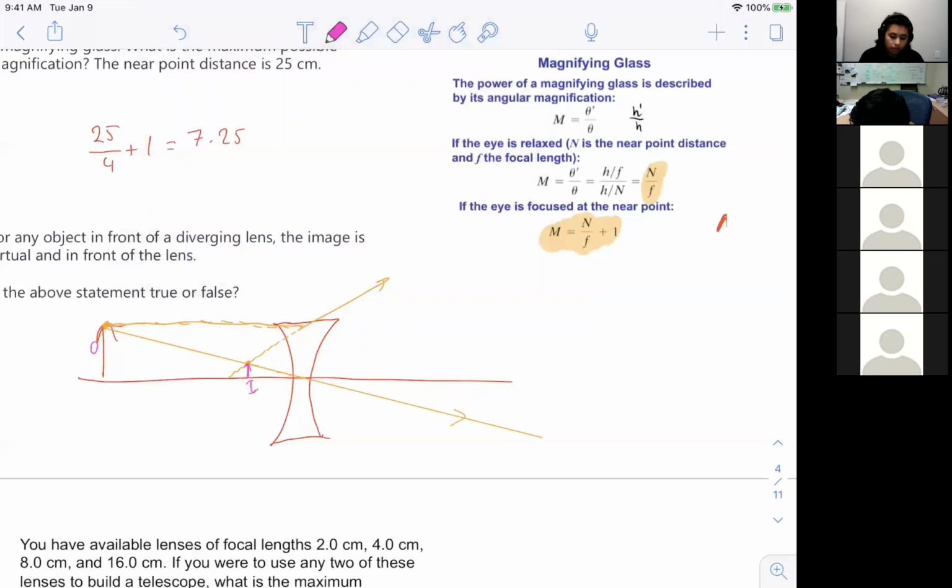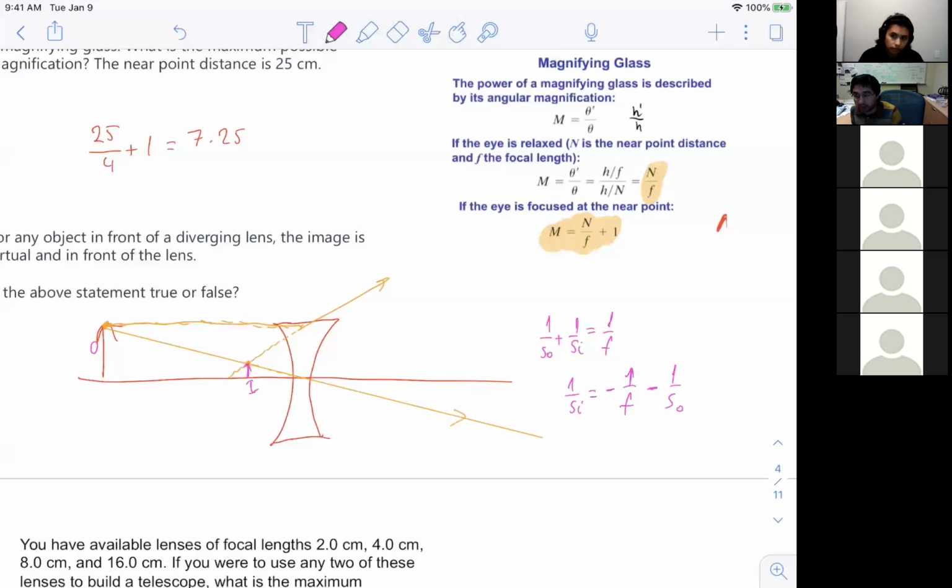So in other words, if you try to do the math to find the location of the image, the focal length is always negative for the diverging lens, and minus S_O.